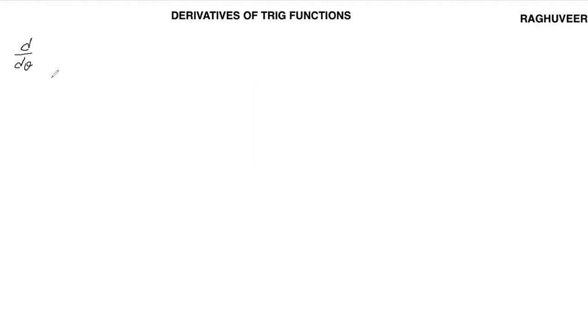So let us see d by d theta of 4 sine 3 theta. Now let us apply the chain rule here. Let u be equal to 3 theta, so f of u looks like 4 sine u, and u of theta is 3 theta.